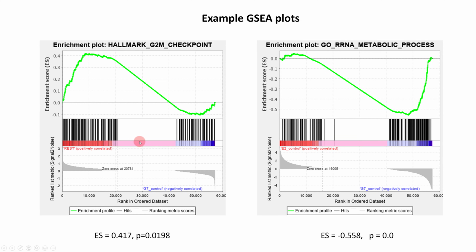Along the x-axis we have the ranked gene set ordered from left to right. So on the left are genes which had the highest expression in the experimental compared to the control, and that decreases. So over here we have genes with the lowest expression, and the colour in this bar represents that as well. These bars represent the different genes in the gene set that was being tested.